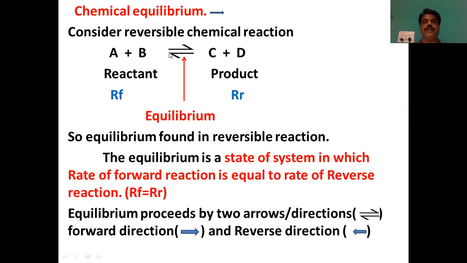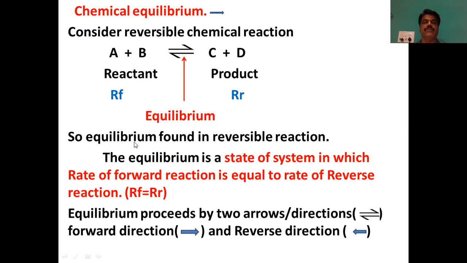When A and B are converted into C and D, the rate is called the rate of forward reaction, and again C and D give back the reactants A and B, which is the rate of reverse reaction. When the rate of forward reaction and the rate of reverse reaction are equal, it is called chemical equilibrium.